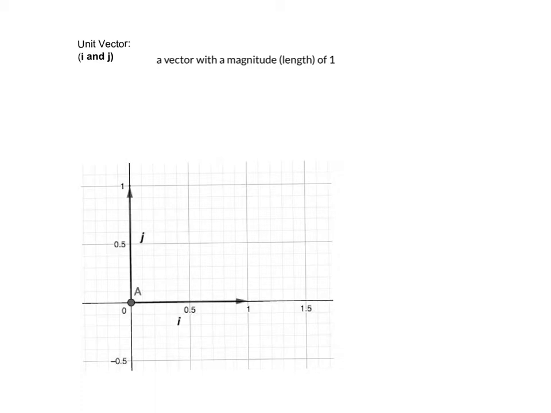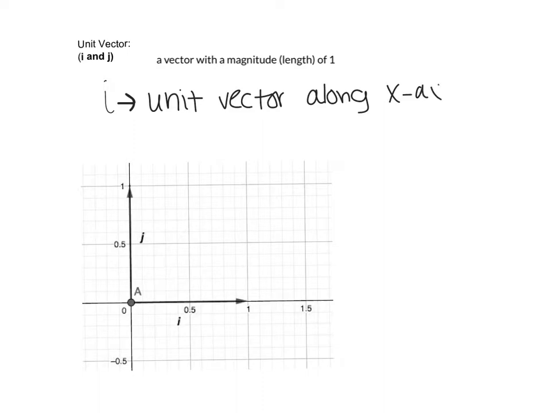When we talk about the unit vector i, it is the unit vector along the x-axis, and j is the unit vector along the y-axis.